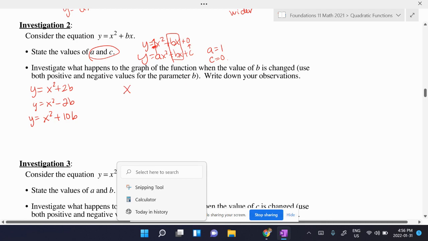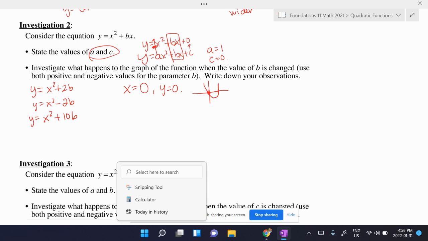So something you should notice is when x is equal to 0, y is equal to 0. So you always have on your graph a point that it is going through. It always goes through that middle section, okay?